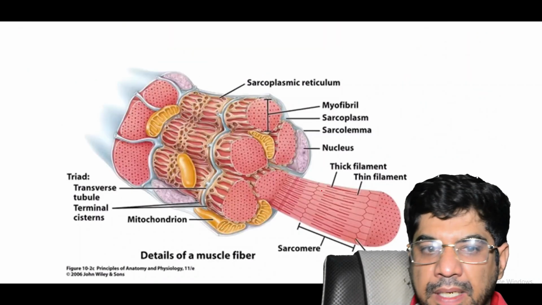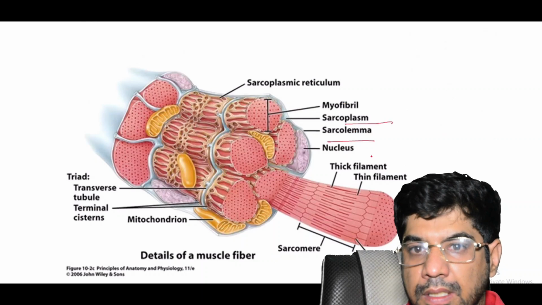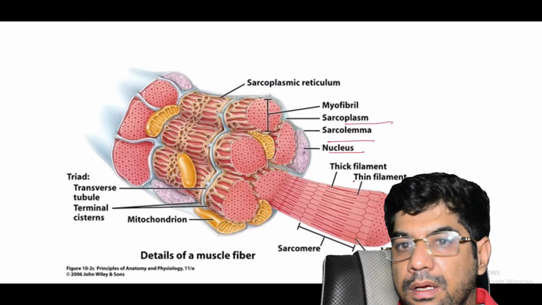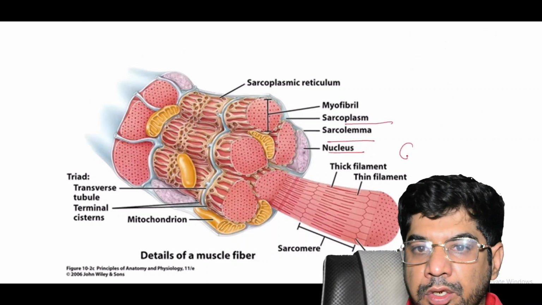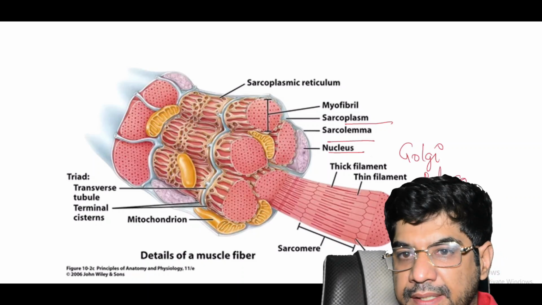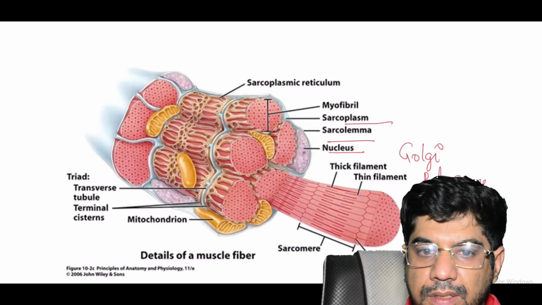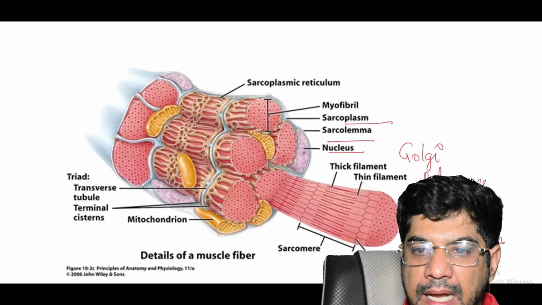Now this sarcoplasm contains various structures: nucleus, myofibrils, Golgi apparatus, ribosomes, sarcoplasmic reticulum and glycogen droplets.